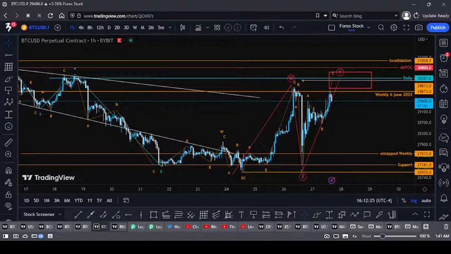So yeah, there is not much, and 27,500 as well. But yeah, selling is dominant at the moment. So we can see some good moves to the downside.